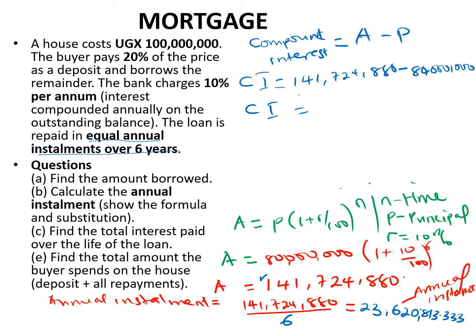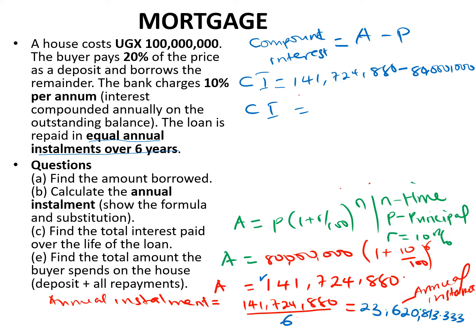So he's going to pay this amount for 6 years. 23,620,813.33 will be the amount paid every year.